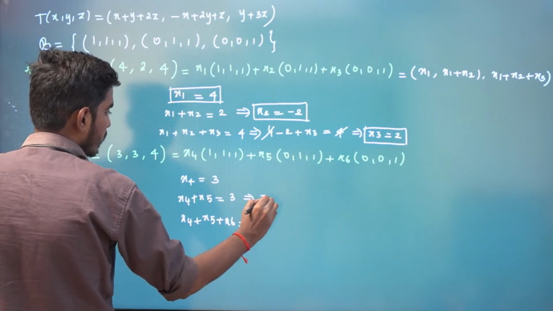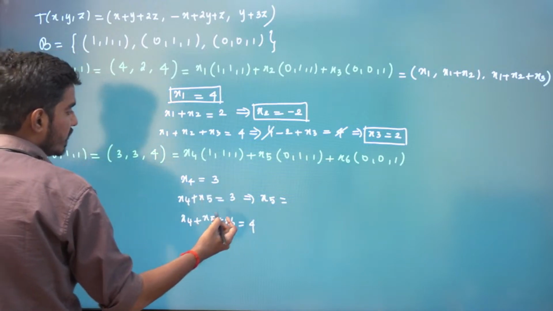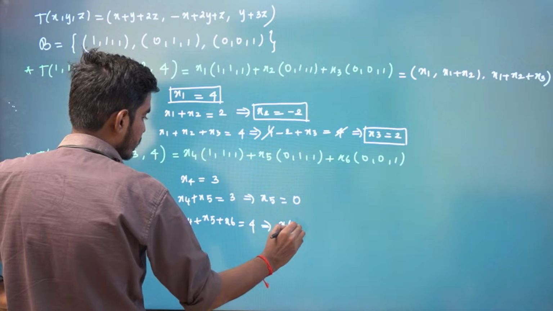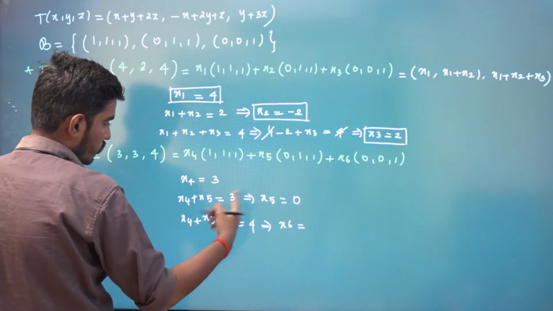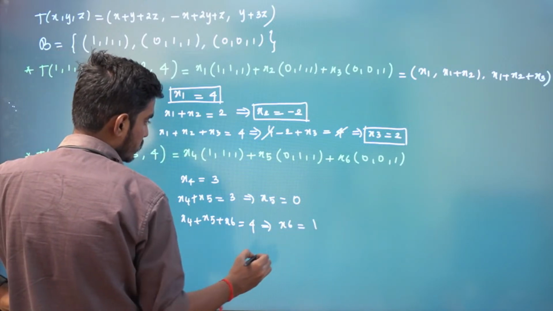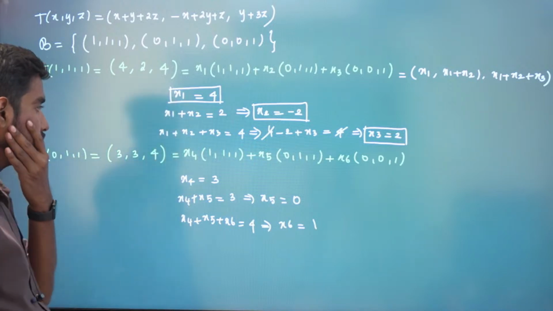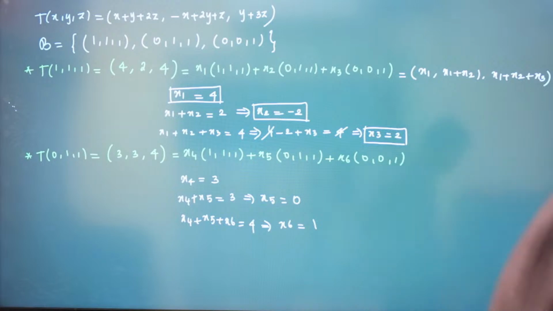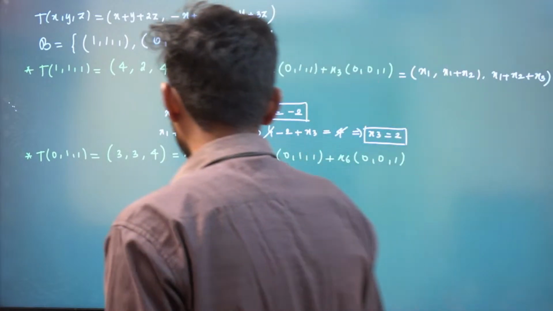This implies x5 is equal to 3 minus 3, which is 0. This implies x6 is equal to 4 minus x4, which is 1. Right? So we have got x4, x5, x6 turning out to be 3, 0, 1.